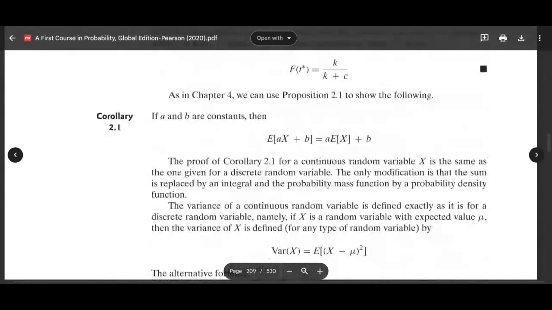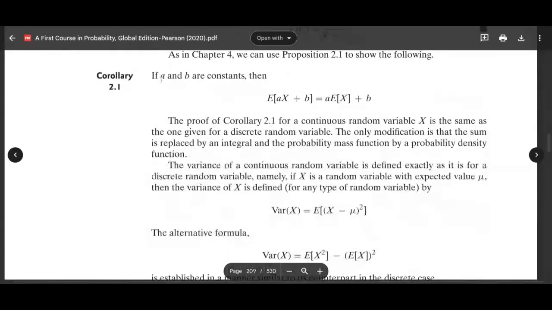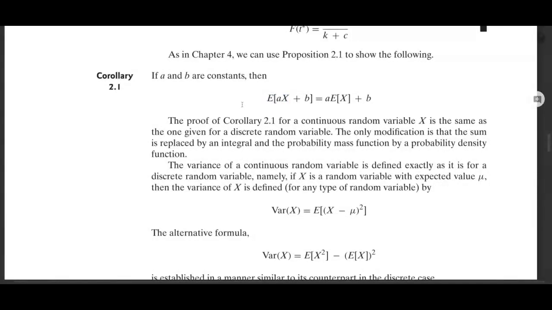Okay, let's see this example. This is a corollary. If a and b are constants, then the expected value of aX plus b equals a times E of X plus b.